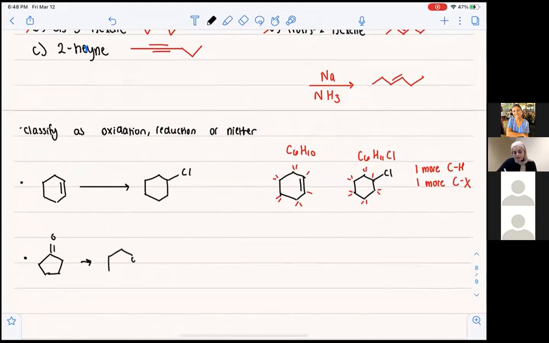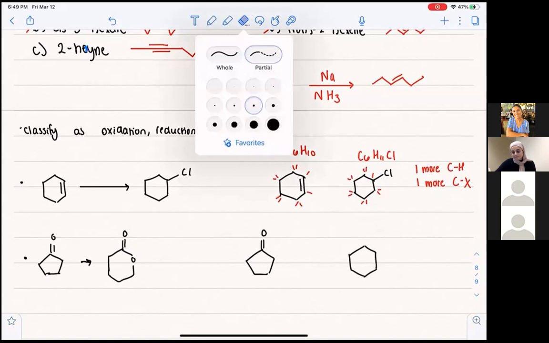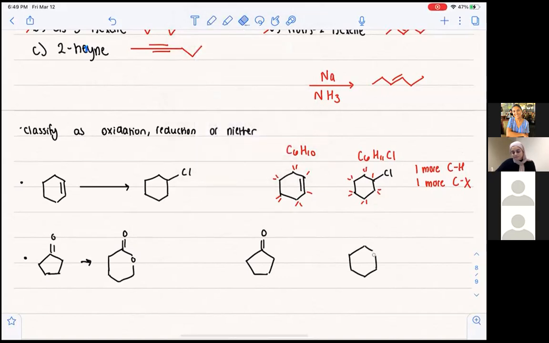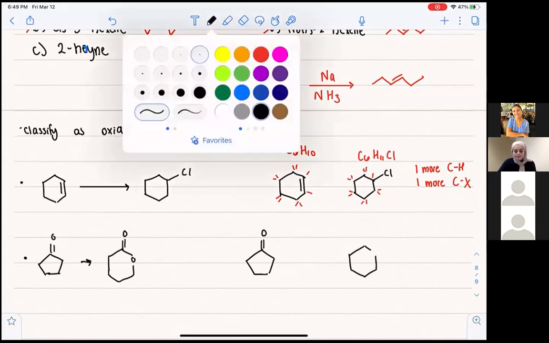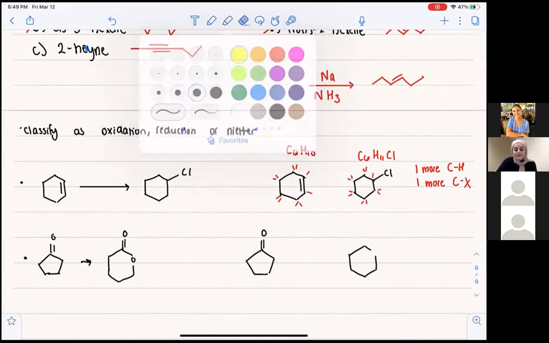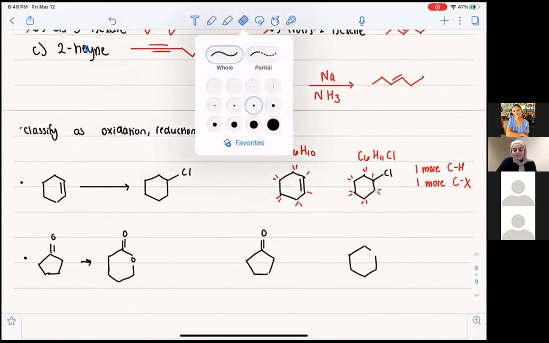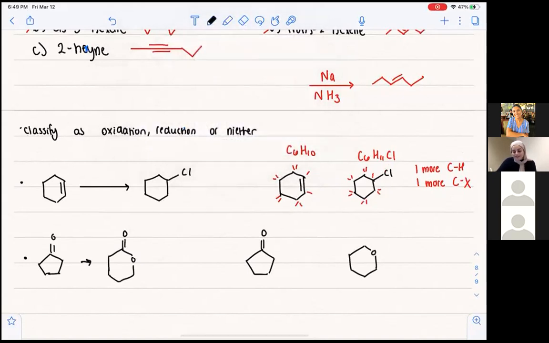I have a vote for reduction. Anybody else? Okay, maybe I just won't tell you guys the answer then. What do you guys think? Okay, I have a vote for neither. Jenna, do you want to tell me why you said that?